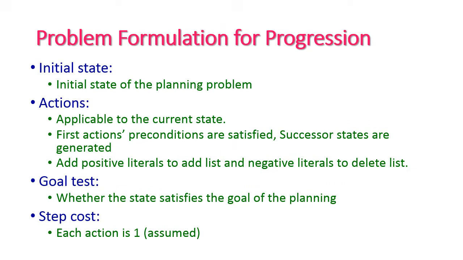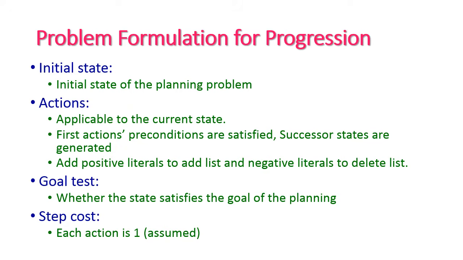Next, we are going to see the forward state space search, or the problem formulation of progression. Four terms are very important here. First one is initial state, that is the initial state of the planning problem. And next one is action, which is applicable to the current state. The action's preconditions are satisfied and successor states are generated.